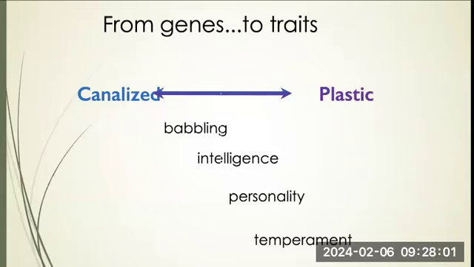But things like babbling are much more canalized. They're much more set in their development than something like personality. Personality is a mix of both, because we might have a genetic component in our brains, or a tendency towards being able to visualize things well.